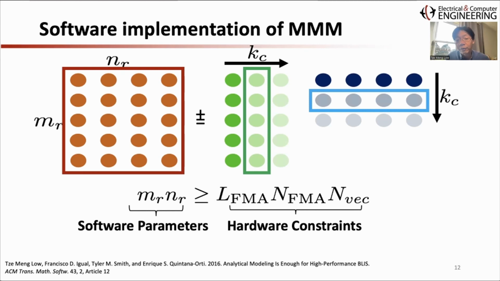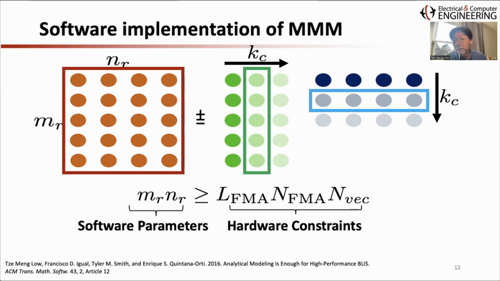If you have a matrix output where this inequality is not satisfied, then you know that you will not have enough independent outputs such that all your functional units, all your computation units, are utilized fully.